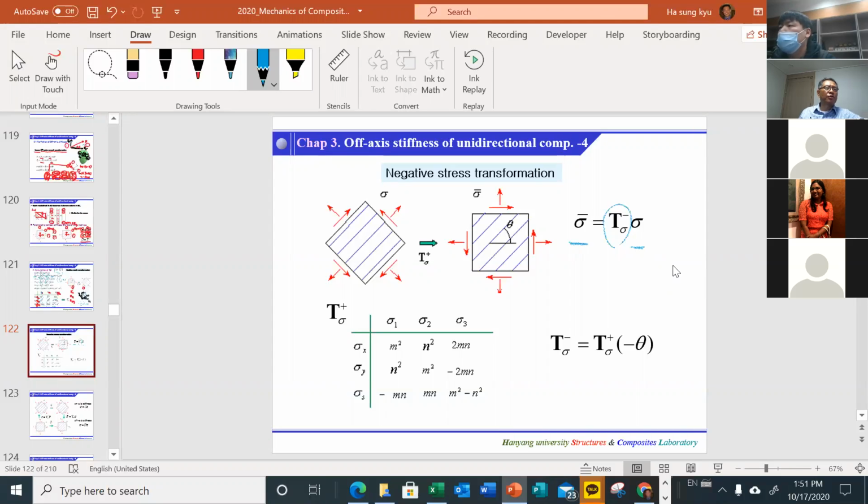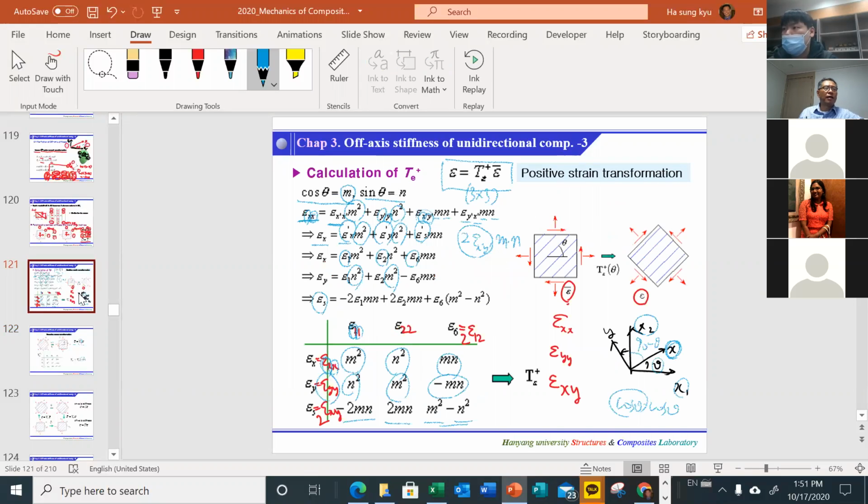And now we always need to remember that the stress can be transformed from either this way or that way. So that's why we have either plus or minus. We need to be careful, but the result was very simple. We just took the minus theta instead of theta. And here is the same thing. Here we use the cross directional transformation of the strain.